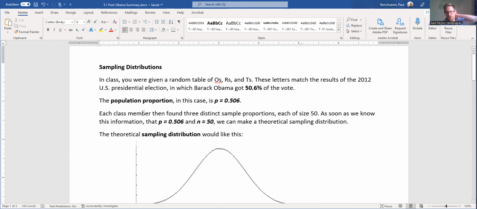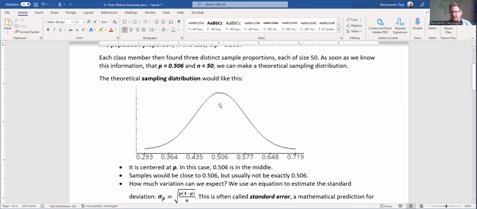In this case, each class member found 3 distinct sample proportions, each of size 50. As soon as we know this information, that p equals 0.506 and n equals 50, we can make a theoretical sampling distribution. Notice that if it's true that 50.6% of the population is going to vote for Barack Obama, and we were going to talk to a sample size of 50, we can make predictions about what we'd expect.